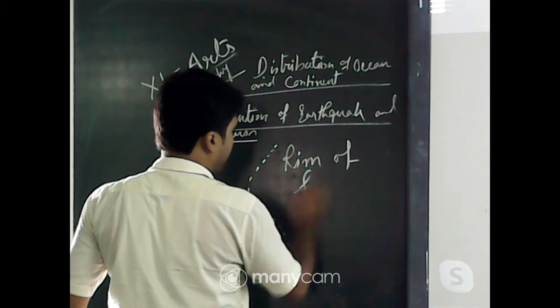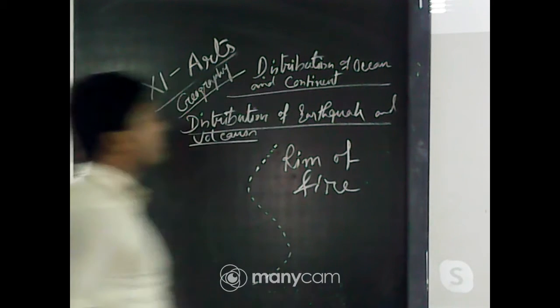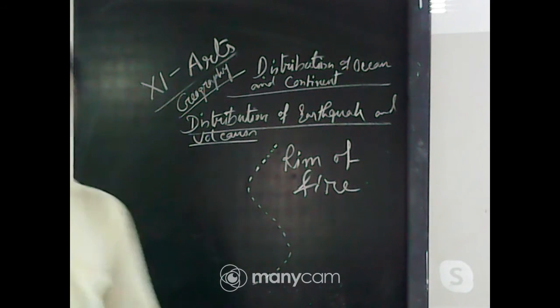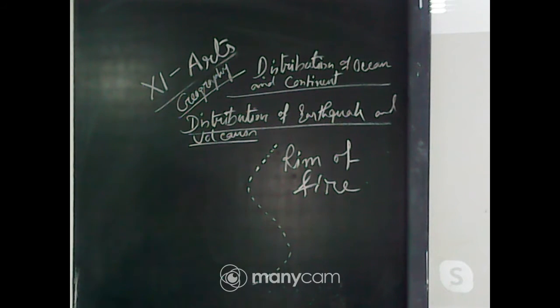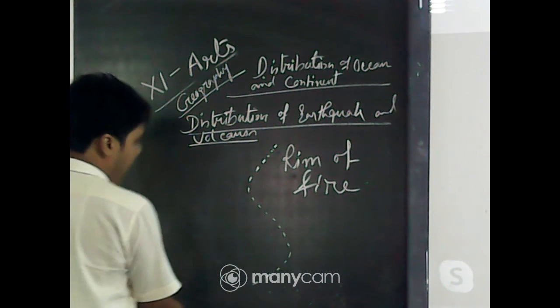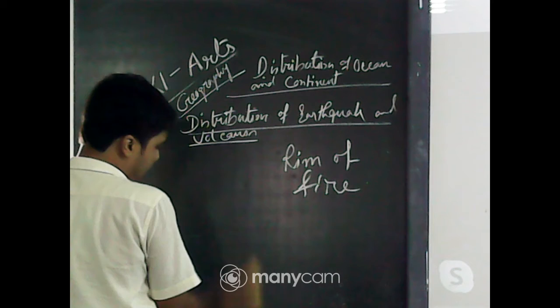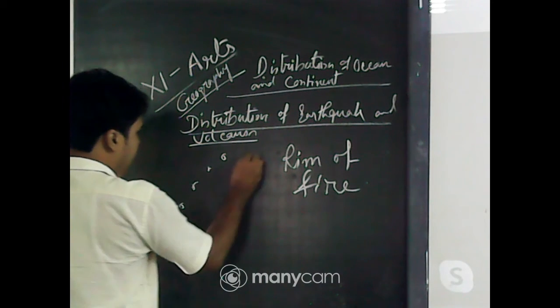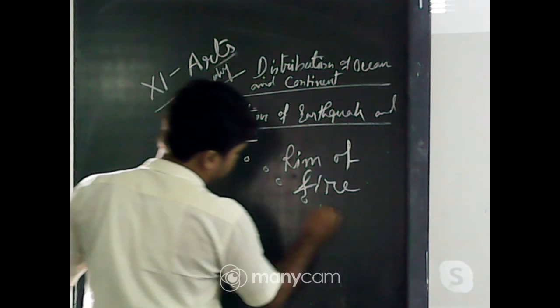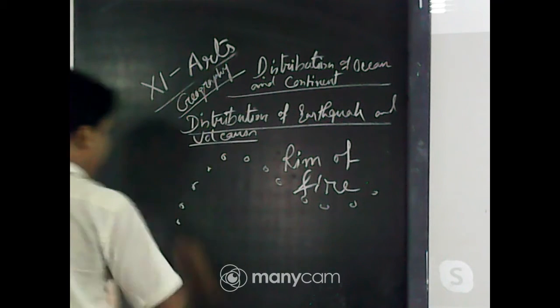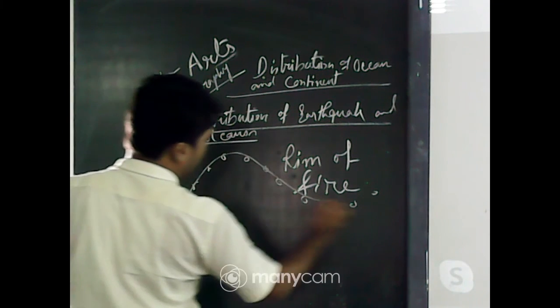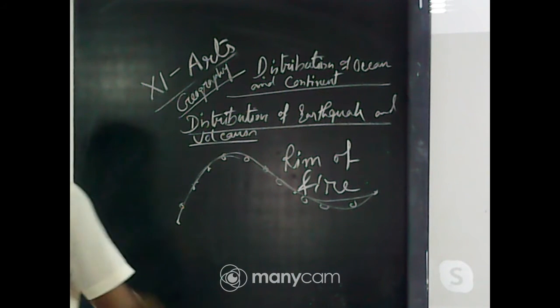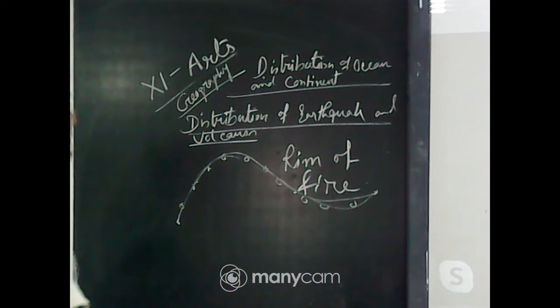Rim of fire. What is this? Rim of fire means, as you have seen along the coastline of the Pacific Ocean, numerous volcanoes are situated. And this series of volcanoes erupted simultaneously, and volcanic eruption also occurred underwater.